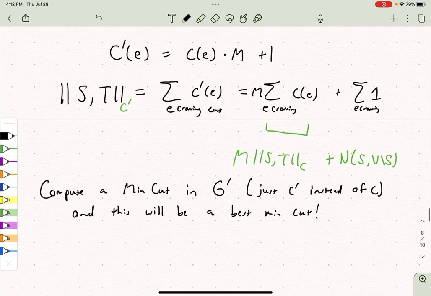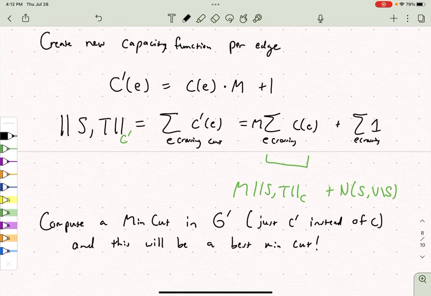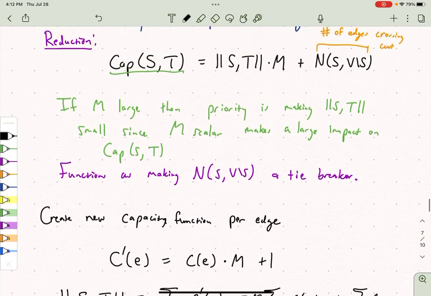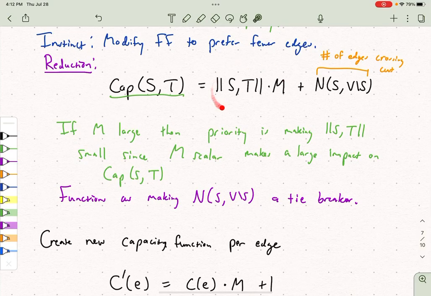So now there's a few key questions, like what should capital M be? Well, for us to prefer capacities over the numbers, we need capital M to be always greater than the N function. So what's the most number of edges that can cross a cut? Well, it's going to be something like n squared.